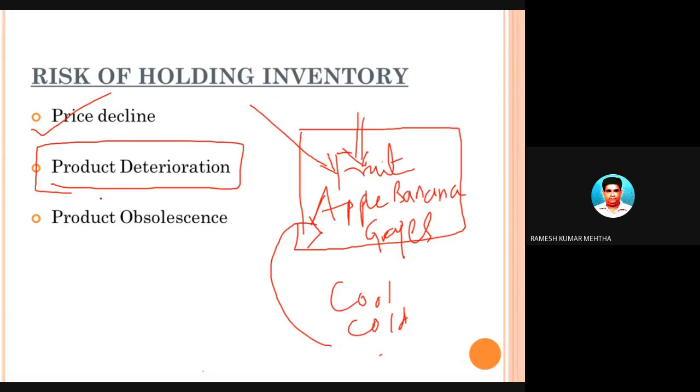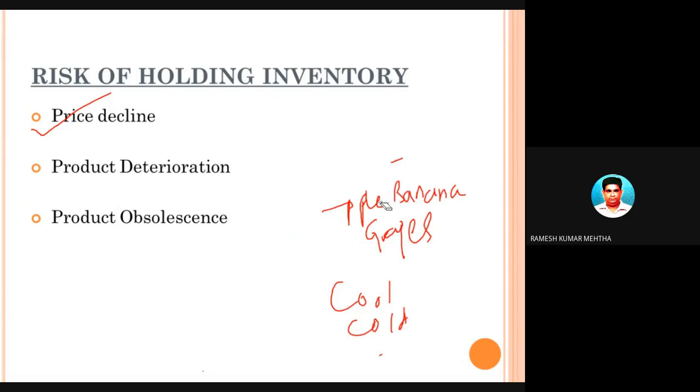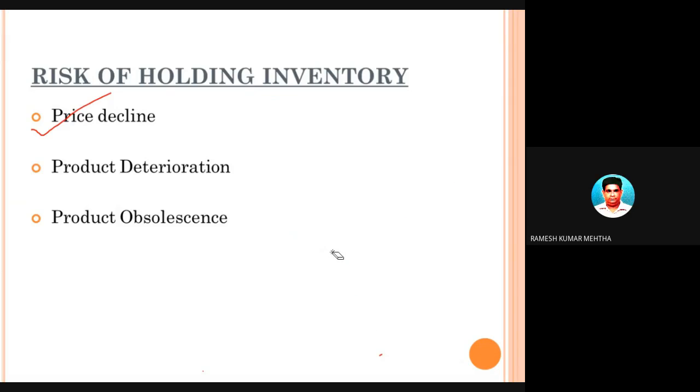Again, another example I will give you, so you can easily understand product deterioration. Now there are so many business or corporate magazines.